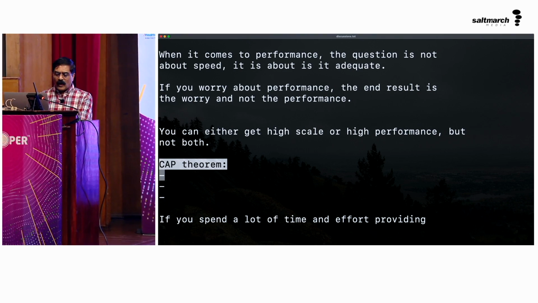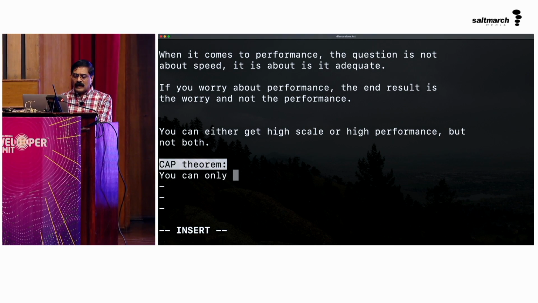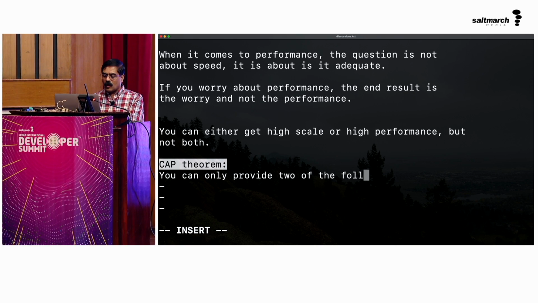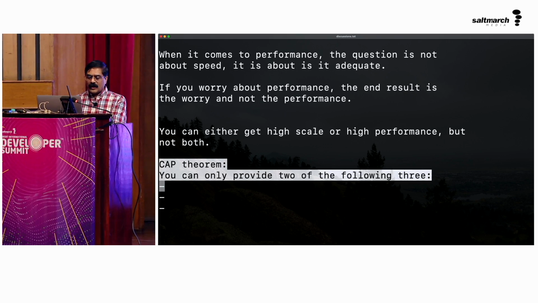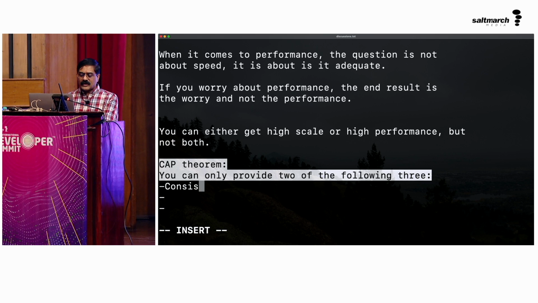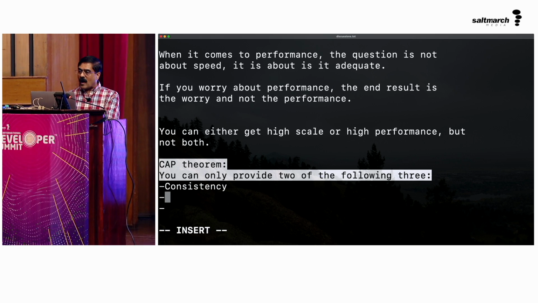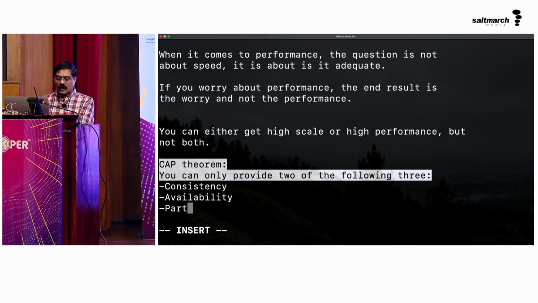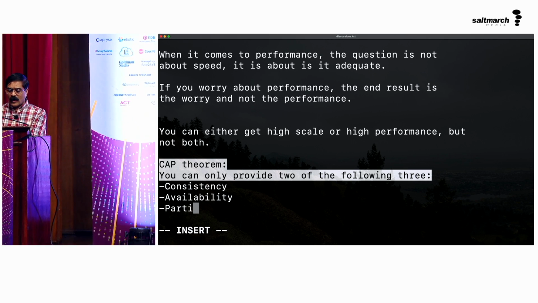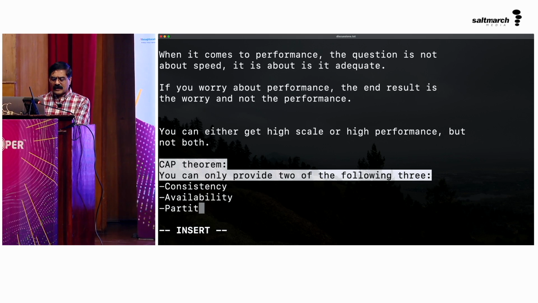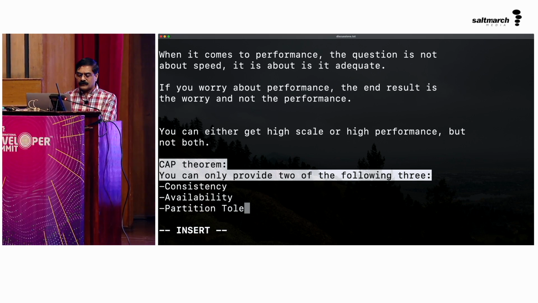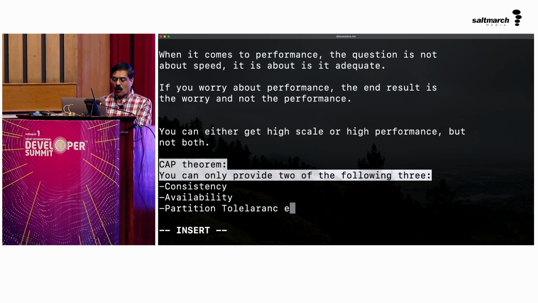What it says is, you can only provide, in general, two of the following three. That is, you can provide consistency, or you can provide availability, or you can provide partition tolerance. You have to ask the question, which one you really want to provide.